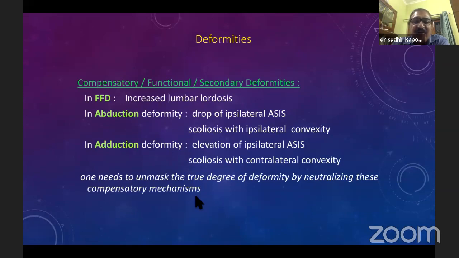In abduction deformity, there is elevation of the ipsilateral anterior superior iliac spine and scoliosis with contralateral convexity. If you want to measure the exact amount of deformity, one must unmask the true degree of deformity by neutralizing these compensatory mechanisms. That is the basis of assessing deformities in hip joint disease.